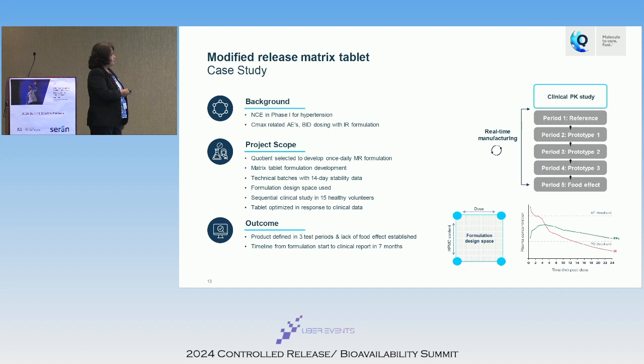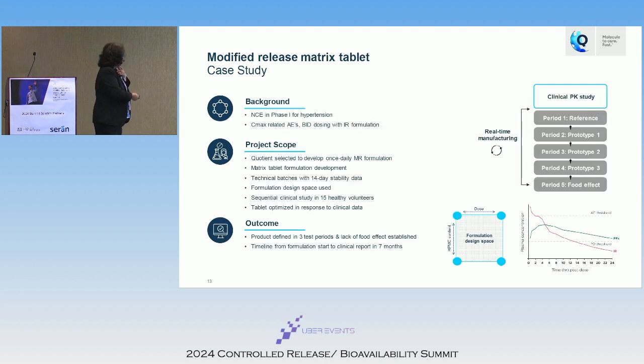So one would be given for a reference IR product, and the remaining periods could be used for the modified compositions of the matrix tablet. But what we noticed was at prototype 3, period 4, we were able to get the profile that was desired. And so the 5th period, which was already built into the study, was then used for a food effect understanding of the same dosage form.